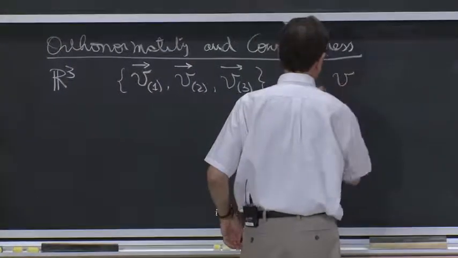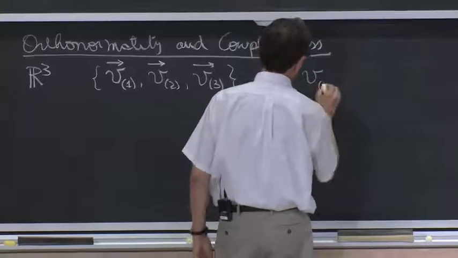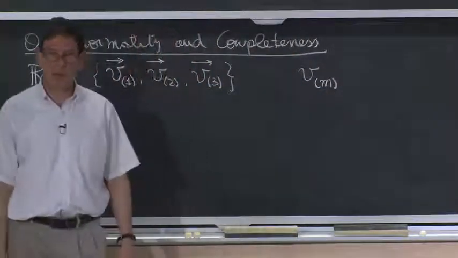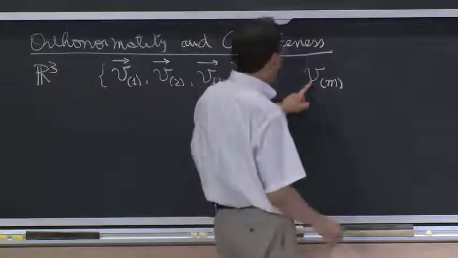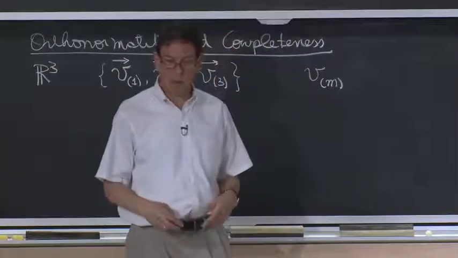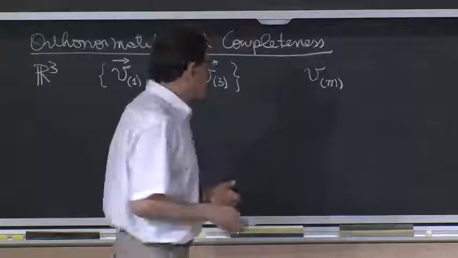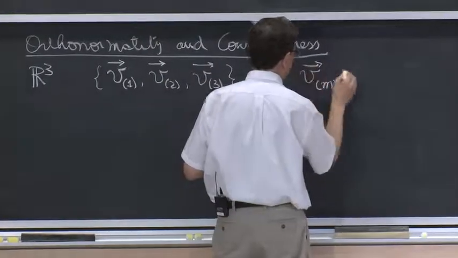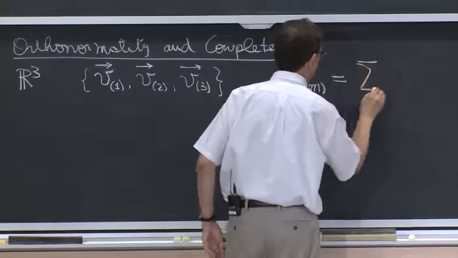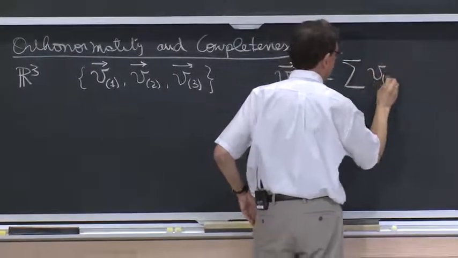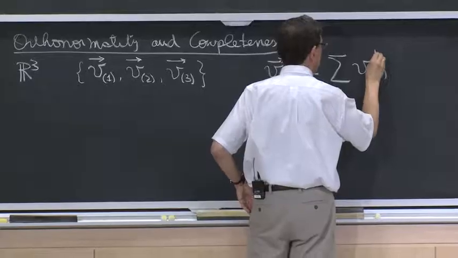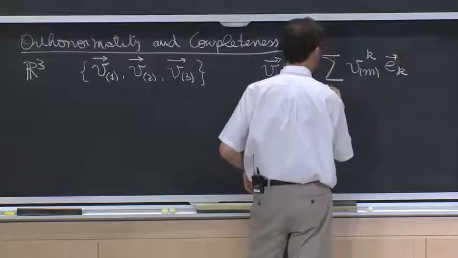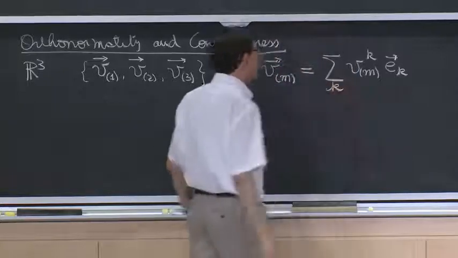So each v_m, let's say m can run from 1 to 3, has three components, and they will be denoted as follows. We'll write the vector v_m as the sum over k of v_m^k e_k.